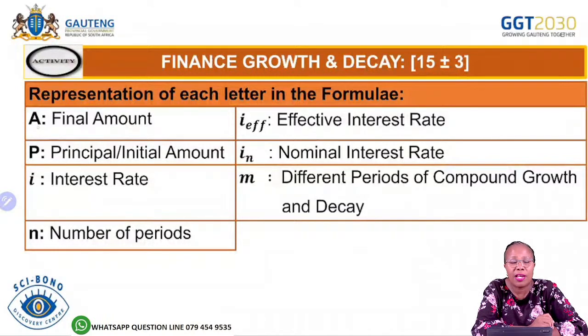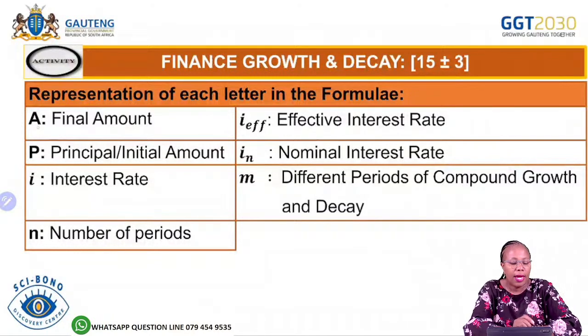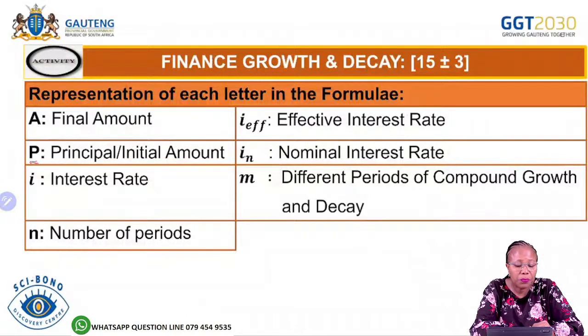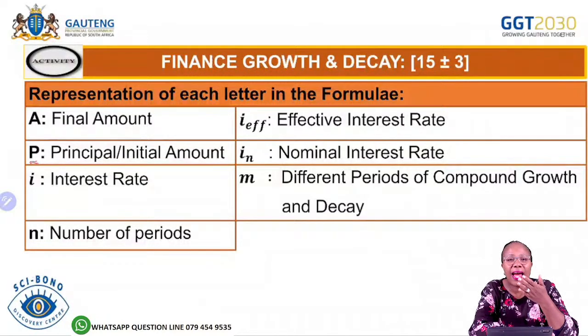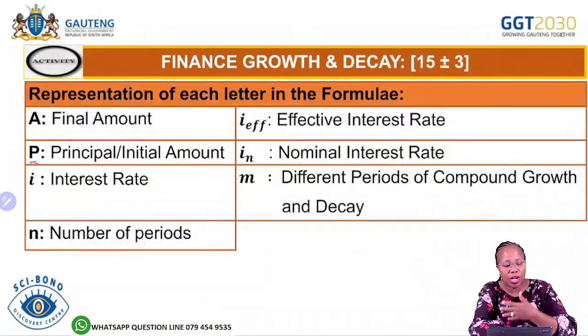It's not specifically for a growth. It can be A for decay, okay? And then now the P there is the principal amount. That means it's an initial amount, an initial price of a car, initial price of a furniture, or the initial money that you invest in a certain account. That is the P, principal amount, which is your initial amount.